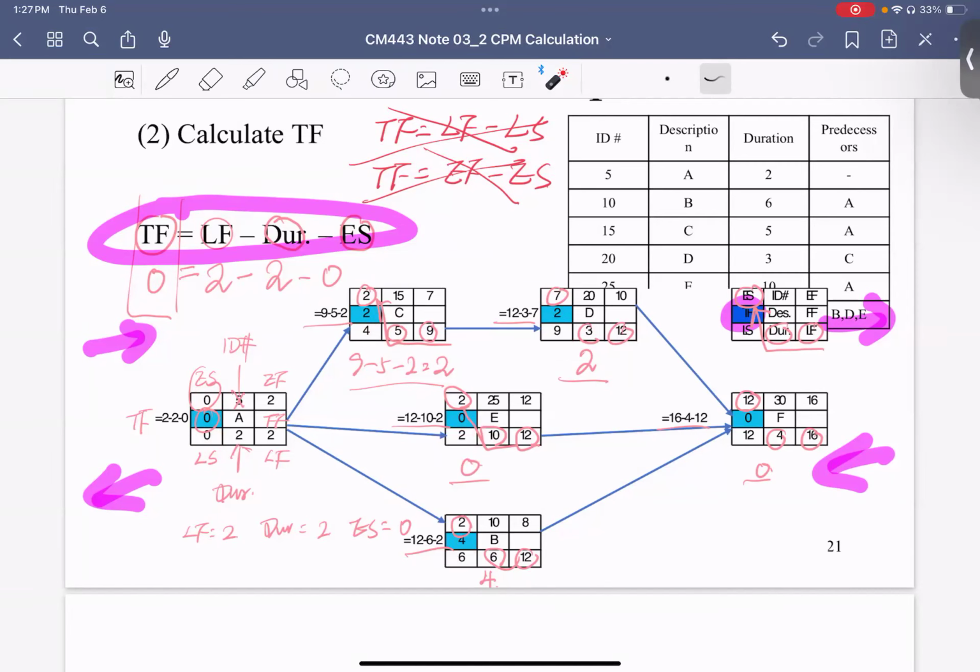Or 2 minus 2 gets 0. Or 12 minus 8 gets 4. Or 16 minus 16 gets 0. So that is for you to verify that you're getting all the correct numbers for the TF.